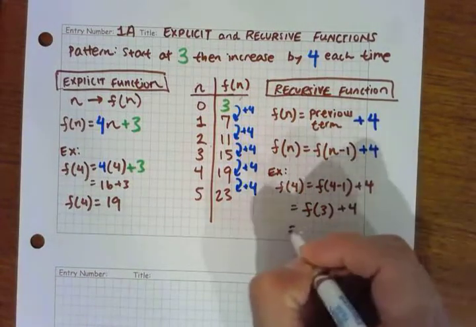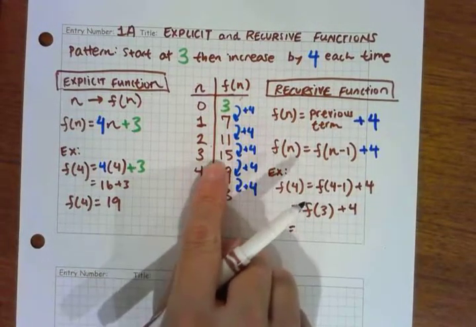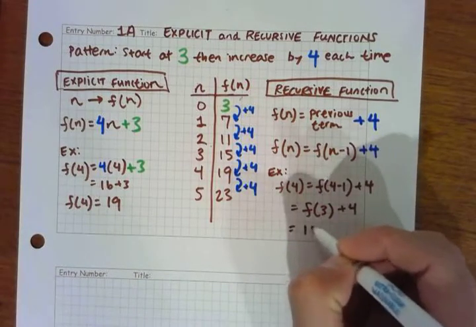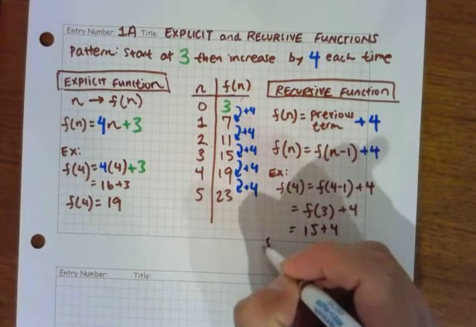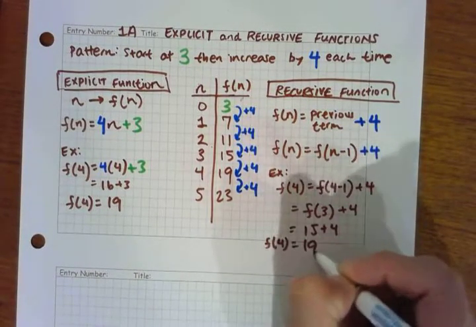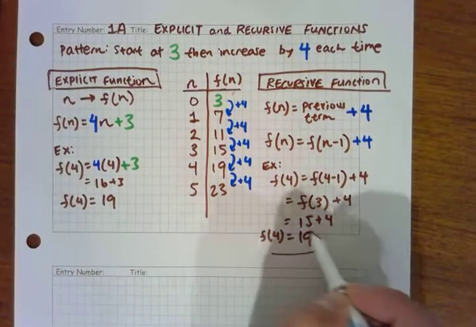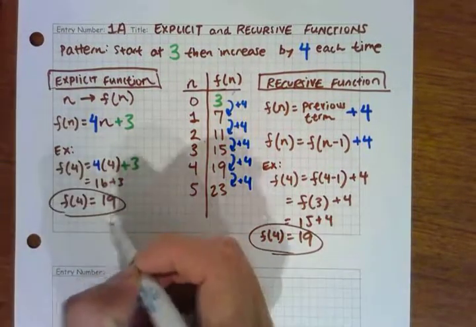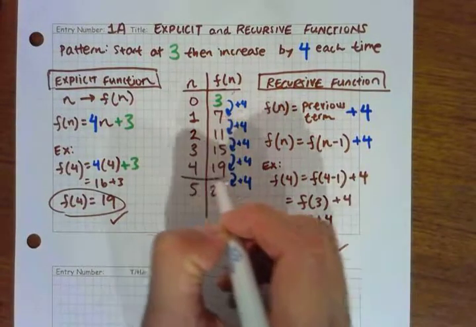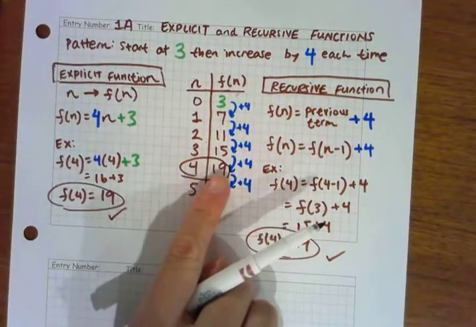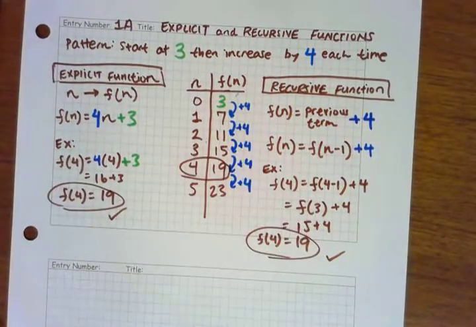And then adding 4 to it, and f of 3 right here is 15. So it's 15 plus 4, or f of 4 is equal to 19. This is the same thing we got here, right? And that's right here. When n is 4, f of n is 19.